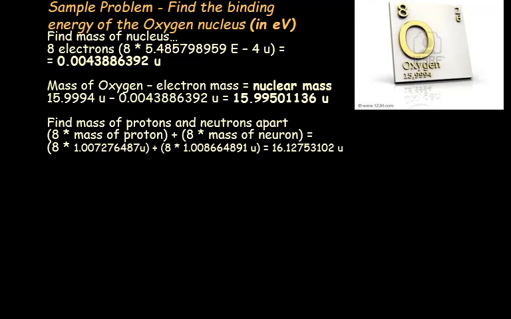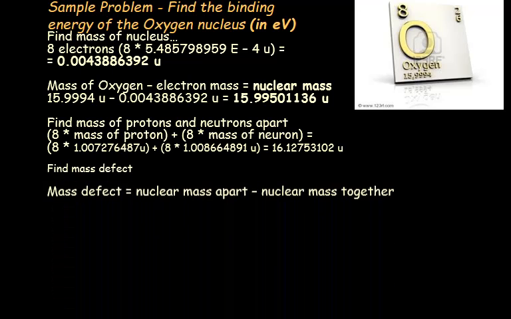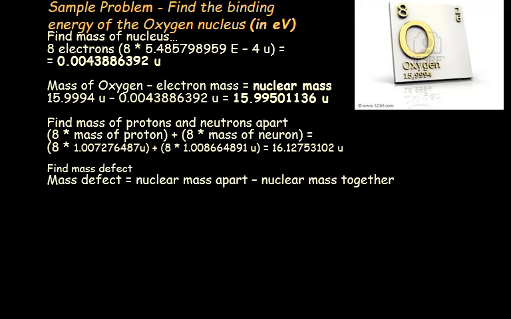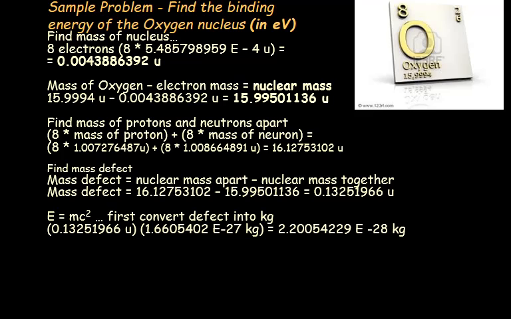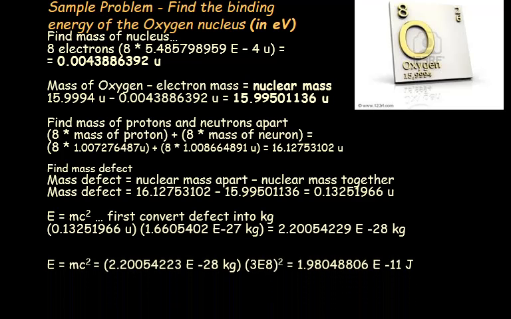We get the total mass apart, and then we get the mass defect: the mass apart minus the nuclear mass together, a difference of 0.13251966 u. We convert that into kilograms, and we get 2.20054229 times 10 to the negative 28 kilograms.